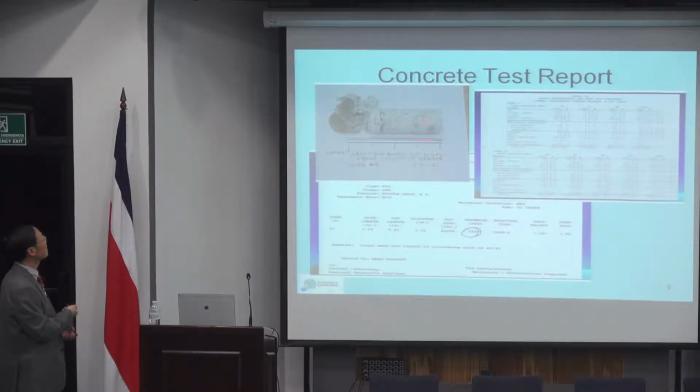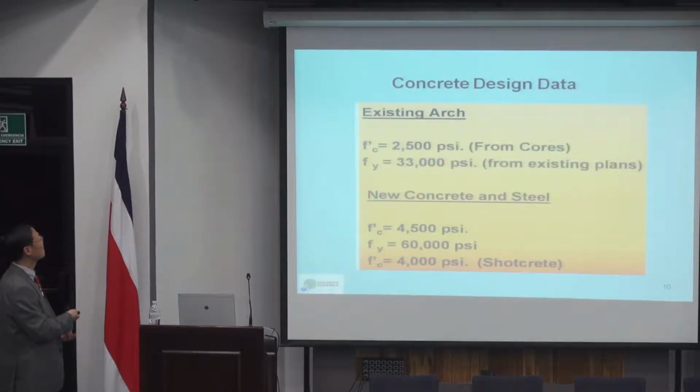These are the coring samples. The coring samples give them test results for concrete design strengths. The original design, I think, was the same, about 2.5 ksi, and the testing from the cores is the same.